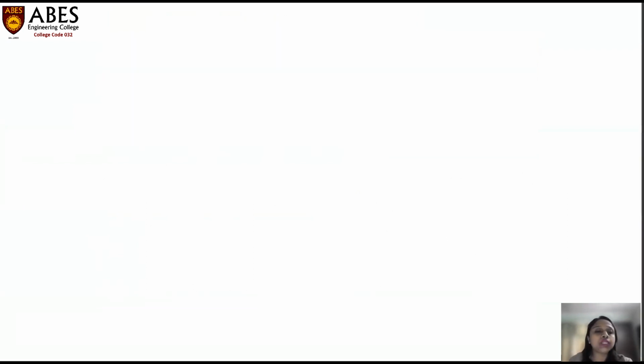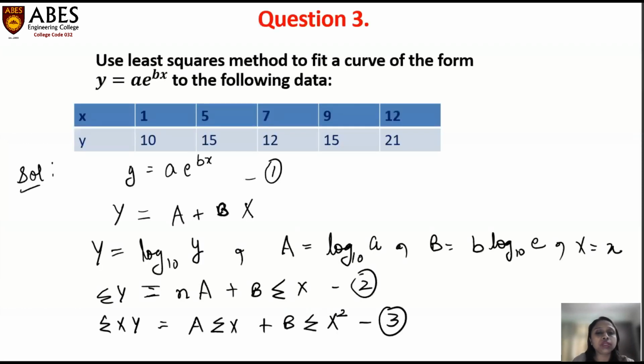These are the values of capital A and B. As we have discussed, we want the values in terms of small a and small b. So small a will be found by taking the antilog of capital A, and small b can be found by solving capital B divided by log to the base 10 e.